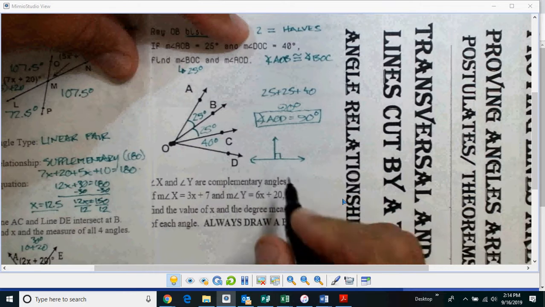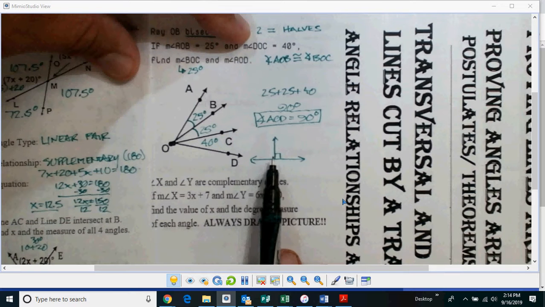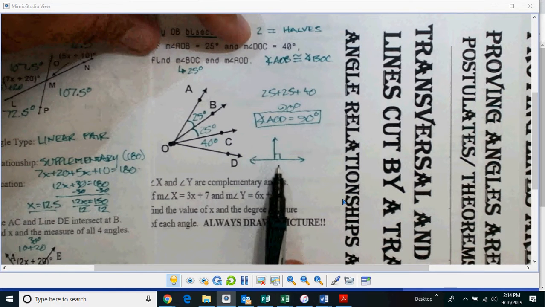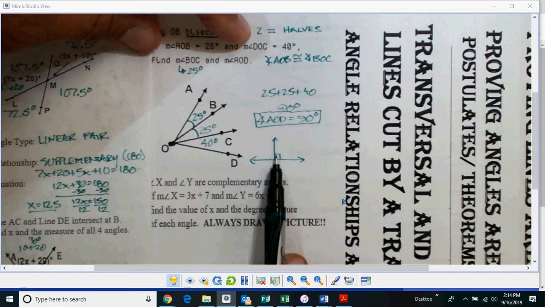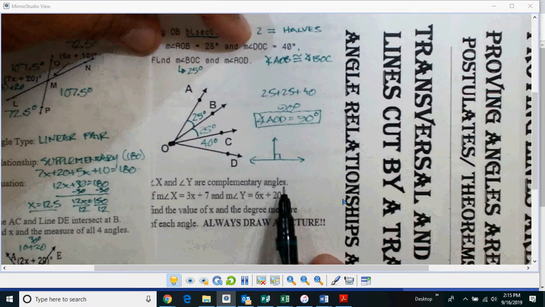What's that symbol? Which symbol? What does that box mean? No, not that box. Those lines. It means it's a right angle, they're 90 degrees. It means it's perpendicular as well. No, above it.